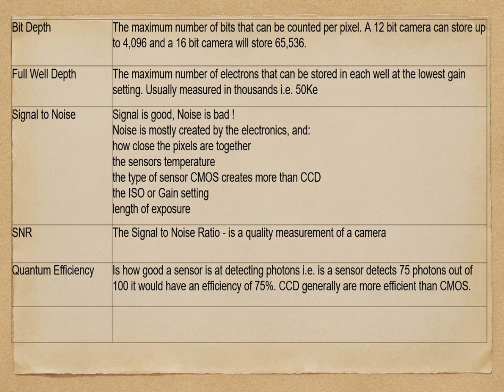The signal to noise ratio is a quality measurement of the camera. And finally, the quantum efficiency is how good a sensor is at detecting photons. If a sensor detects 75 photons out of 100, it would have an efficiency of 75%. CCDs generally are more efficient than CMOS.